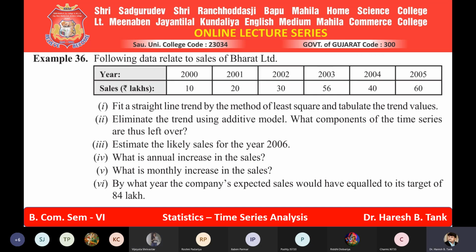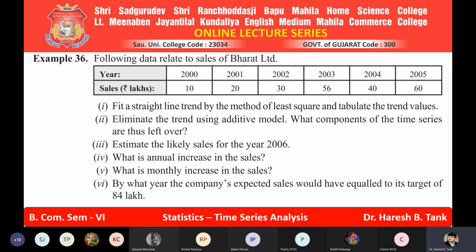Now, you may come across some examples in which these 5-6 different items are being asked. Following data relate to sales of Park Limited. Data given is in the form of year and sales in lakhs. The year starts from 2000 and goes up to 2005.